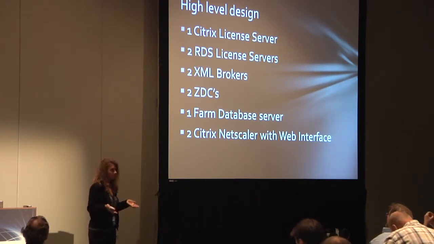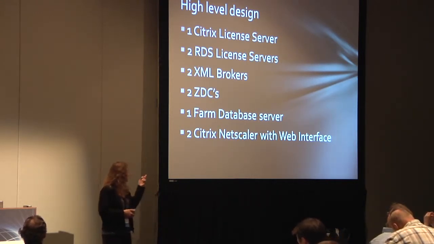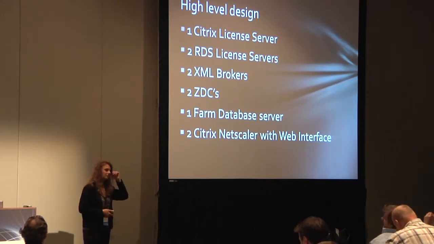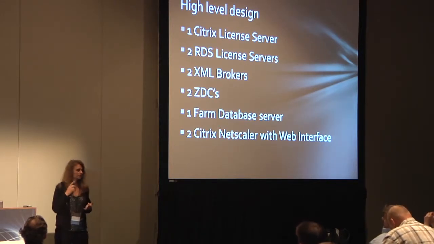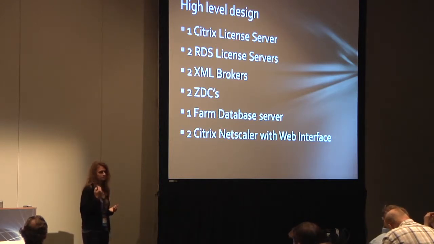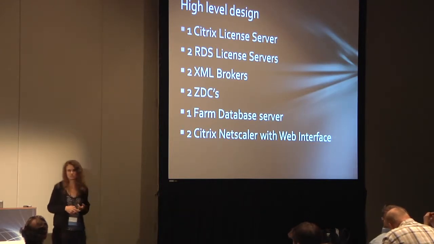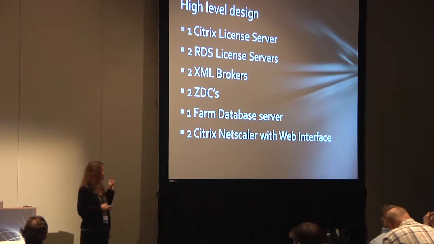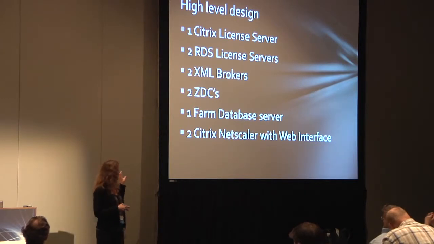It was barely the norm when we did it. But the challenges with your web interface being on your NetScaler are support and finding people to be able to work with it. It's very, very challenging. So web interface should probably be 2 separate servers, dedicated on Windows.